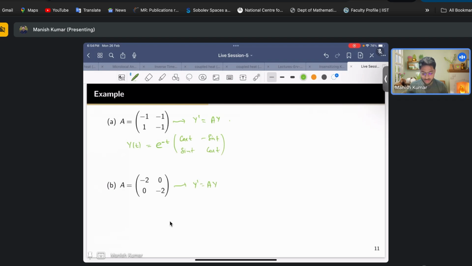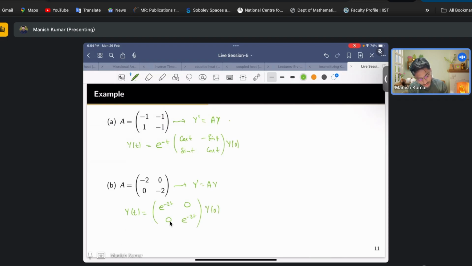This is the solution of this system represented by this matrix. In the same way, over here we have e to the minus 2t, 0, 0, e to the minus 2t. Here you can put y0, here also you can put y0.